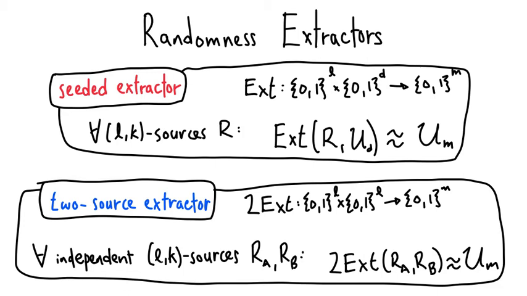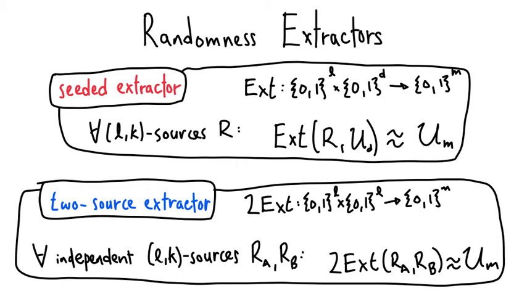In the extractor literature, your principal concern is constructing these objects explicitly. Here, because we don't care about computational efficiency at least, we don't care about explicitness.